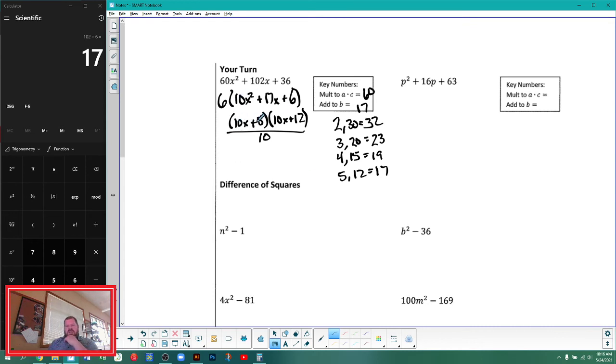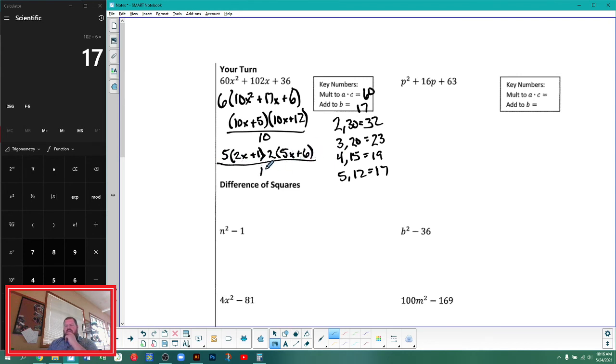I do notice that the 10 and the 5 have a common factor of 5. I'm going to have to pardon the noise a little bit. That's 2x plus 1. And then the 10 and 12 have a common factor of 2. That's going to be 5x plus 6.